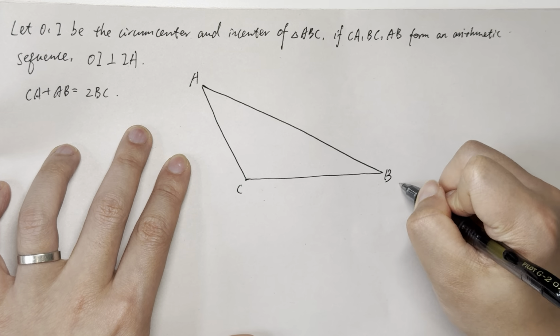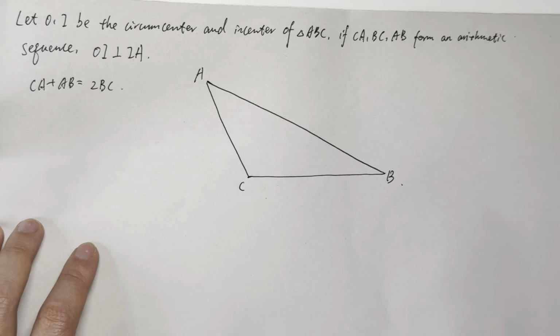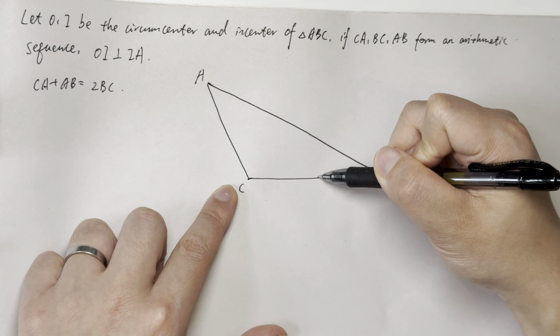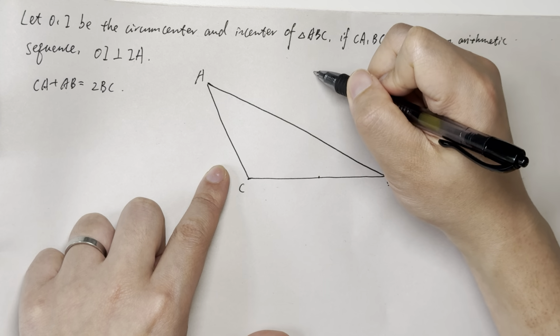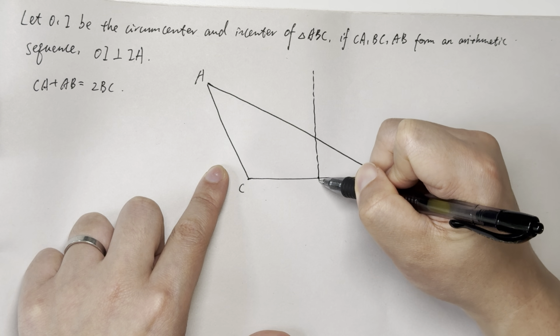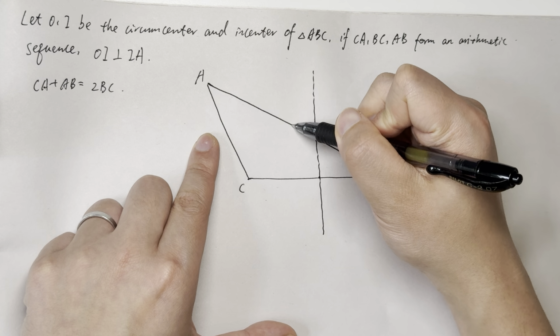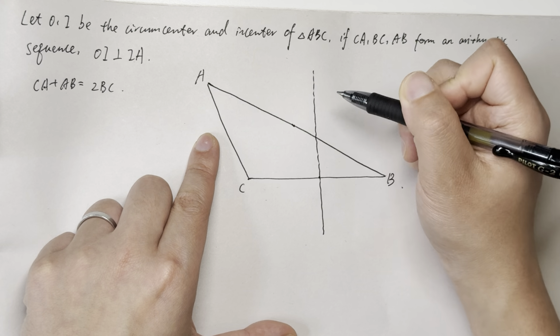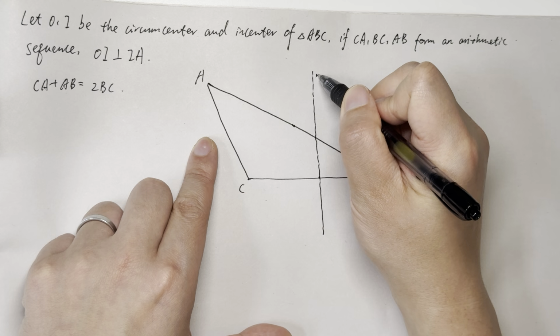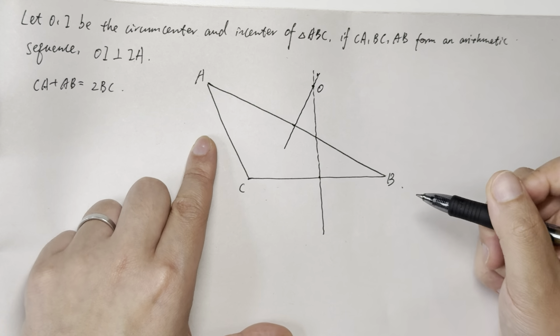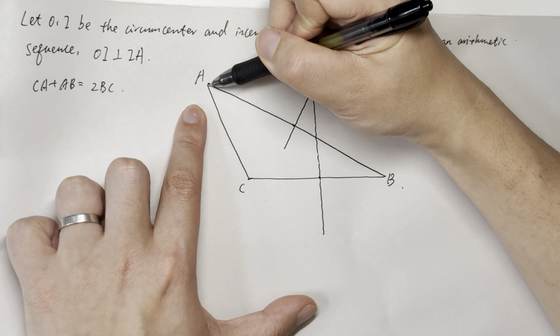A, B. And we want to find the circumcenter of this triangle. Then we find it from the perpendicular bisector lines here for BC and for AB. Right, this is point O. And we want to find the incenter.